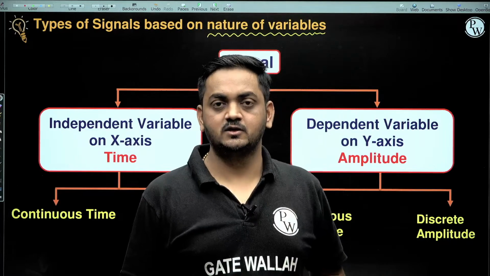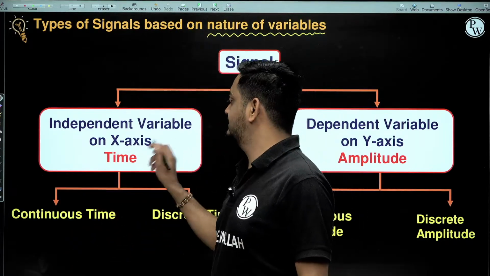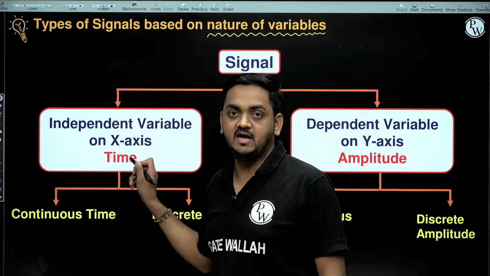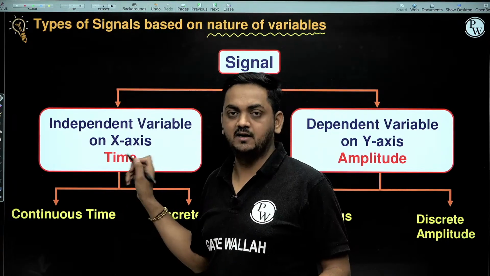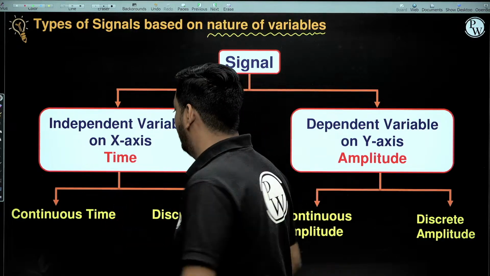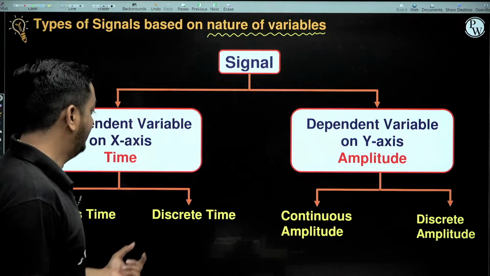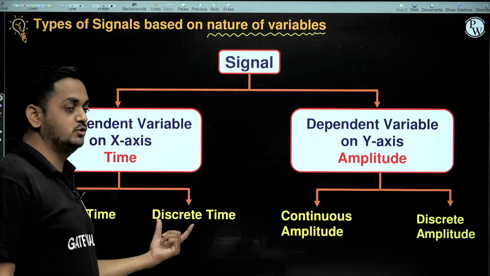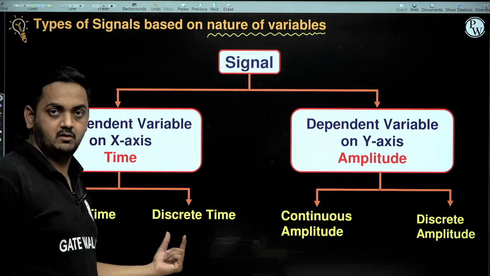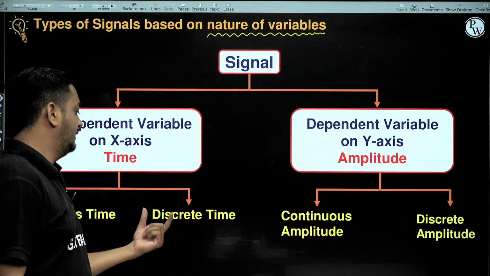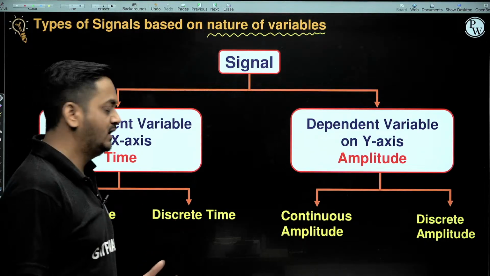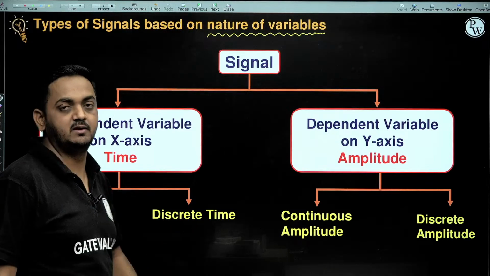So in continuous time, on the x-axis, time t can be integer or non-integer, both are allowed. Whereas in discrete time, only integer values of time are acceptable because of the sampling. Only discrete values of time are acceptable.